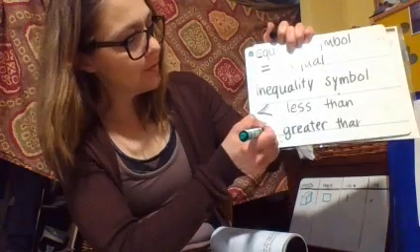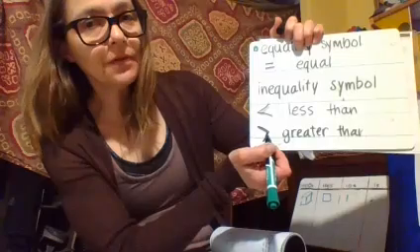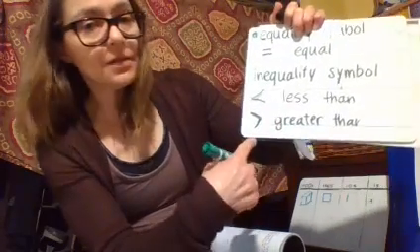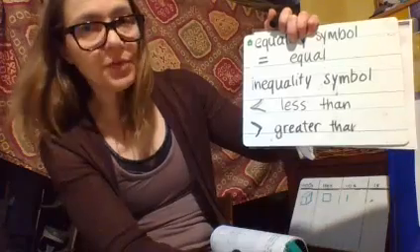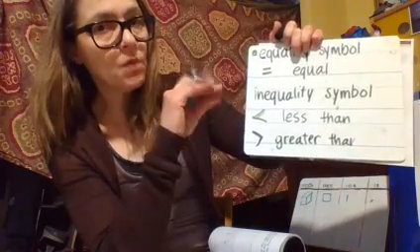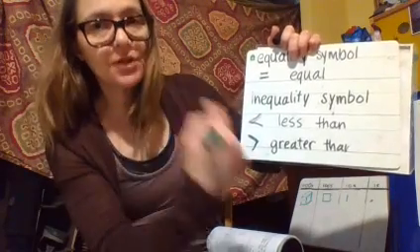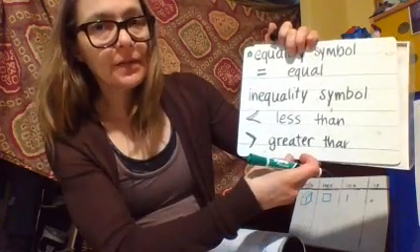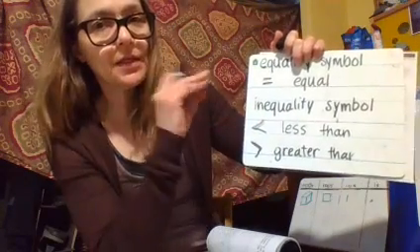If the number on the left side of the inequality is greater than, you would use this symbol. Okay, and you might have learned previously that this is a mouth, and the mouth always wants to eat the bigger number, and that is a good way to check this. And you can check and see if yes, indeed, your mouth is going to eat the bigger number.